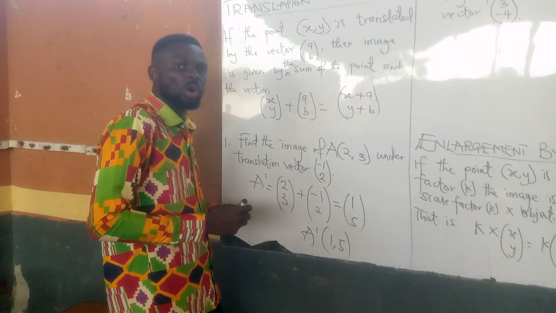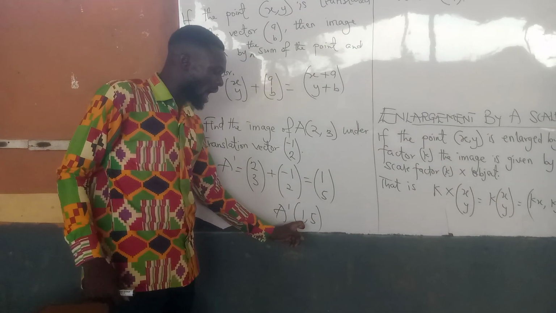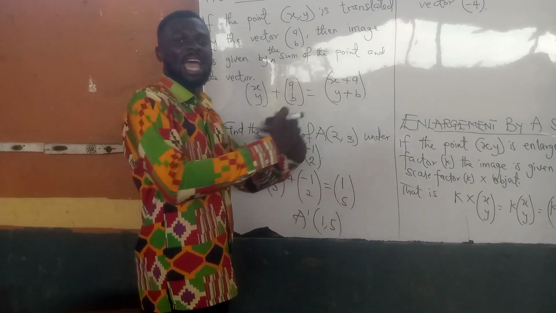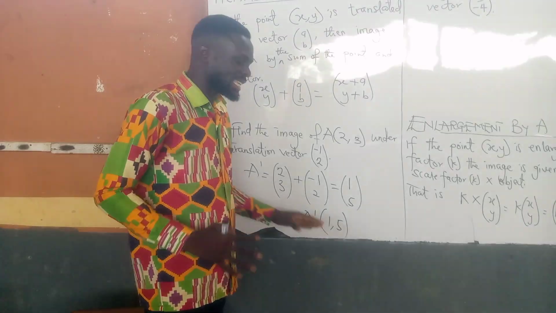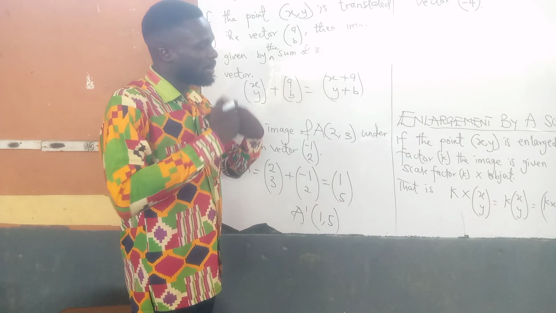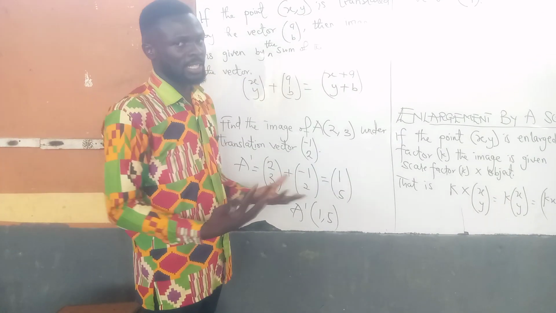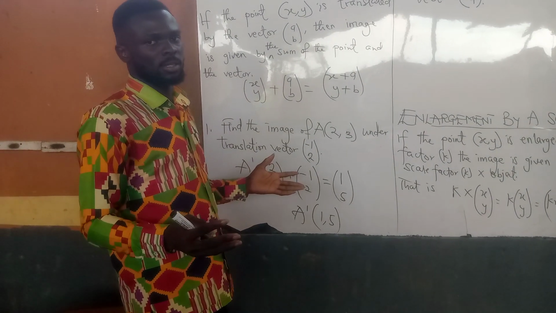So the image of A, which is A prime, is (1, 5). You just write the answer in point or coordinate form, because this is coordinate, by just adding the point to the vector. And that is how you calculate with position vectors.